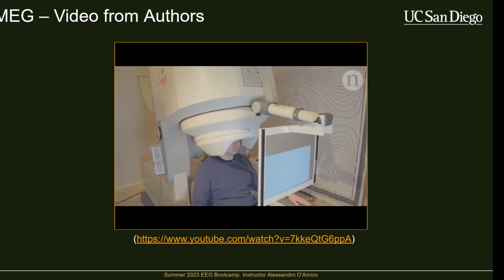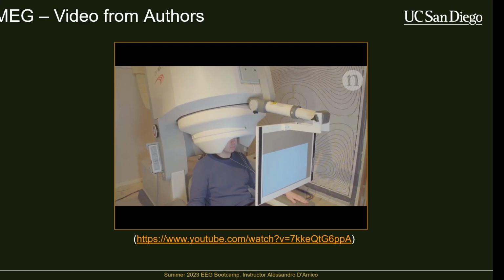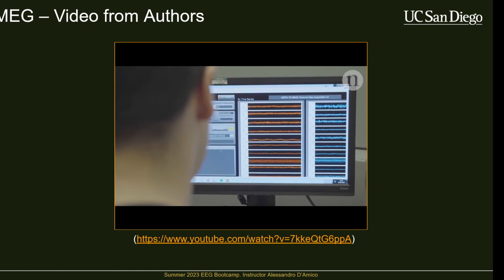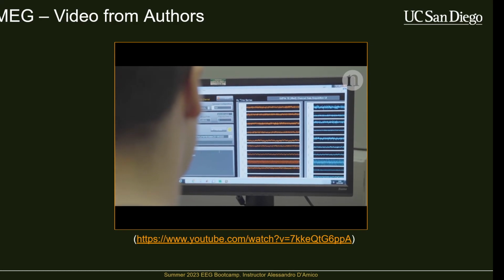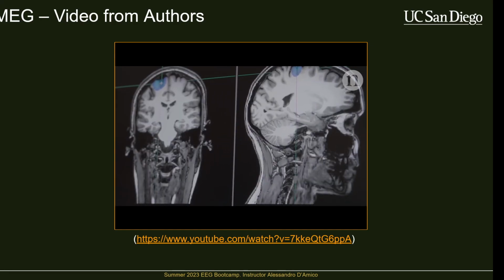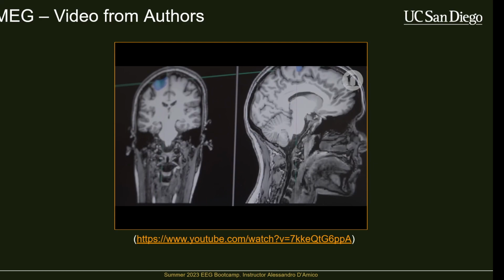So at the moment, if we want to measure what the brain is doing, if we want to measure brain function, there are a few ways of doing it, but one way is magnetoencephalography. The idea of MEG is that we can measure magnetic fields that exist outside the head, which are generated by current flow in the brain. And in that way, we can work out what the brain was doing at any one time.